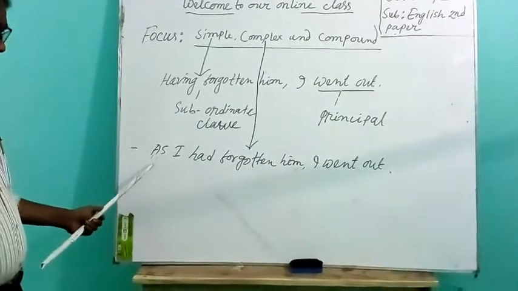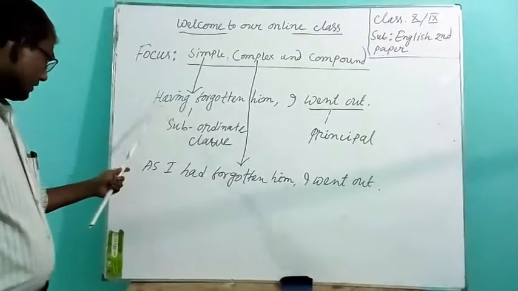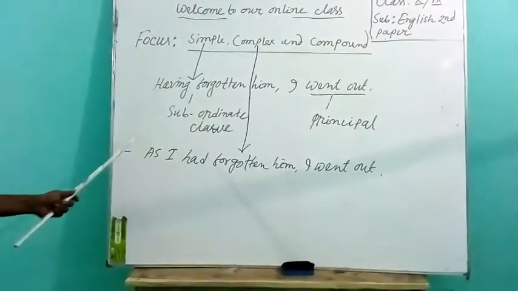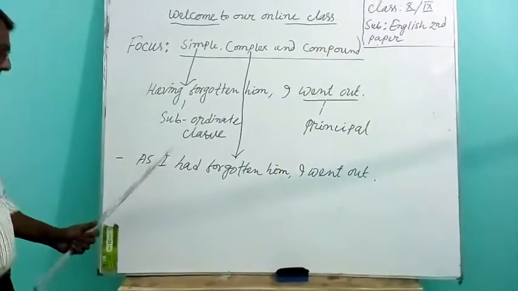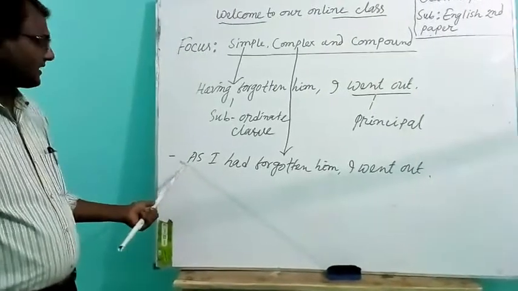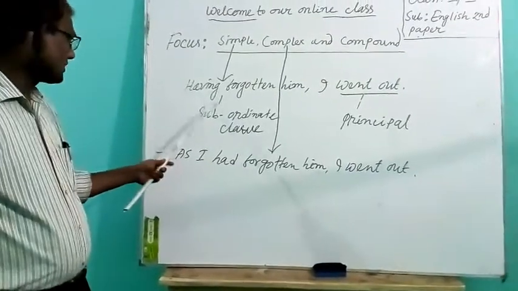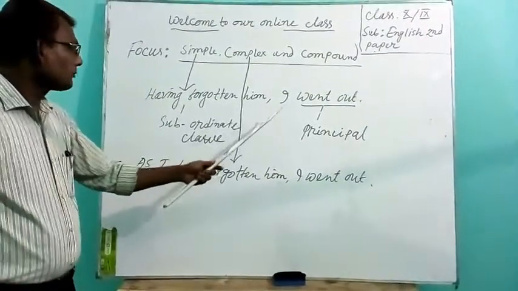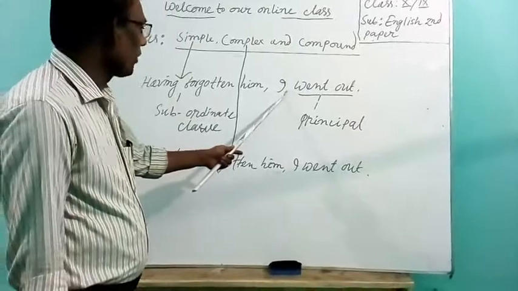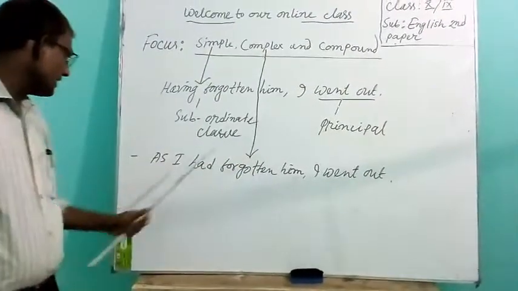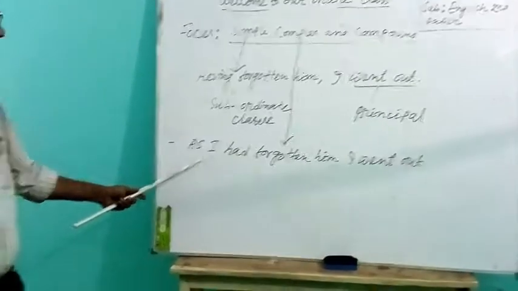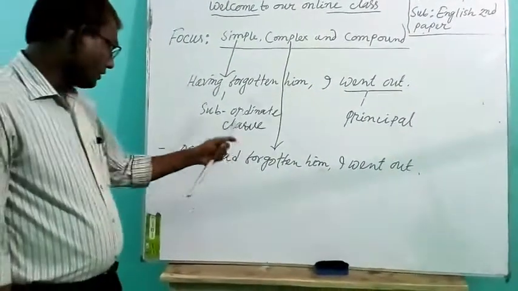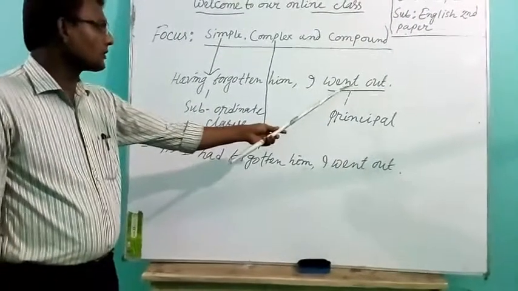Because the subordinate clause expresses cause, for that reason we get the complex sentence with as. Then in the first clause there is no subject, so we have to depend on the principal clause. So I, and here we set up have, had, has, depending on the principal clause verb.